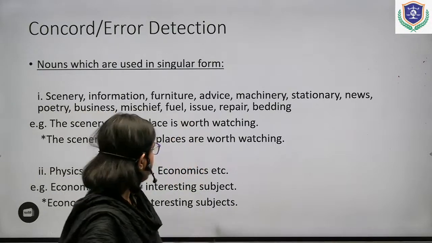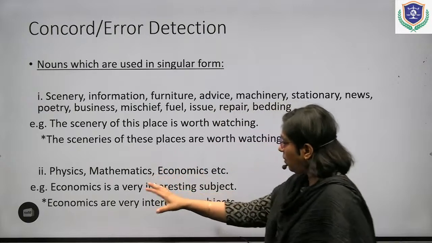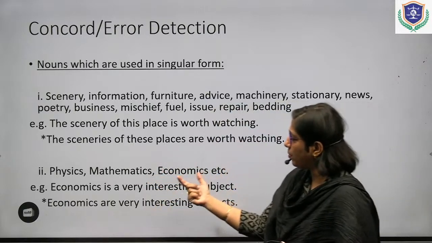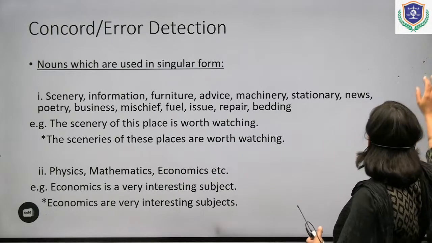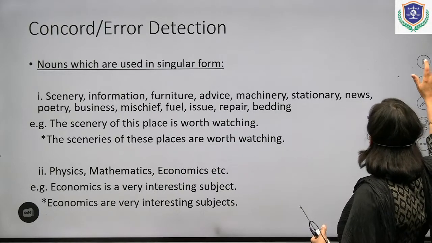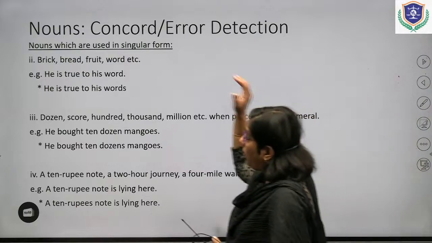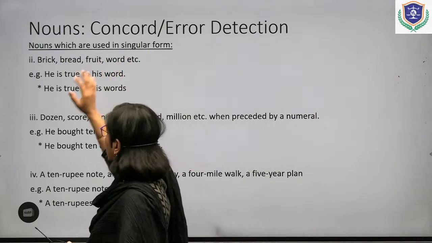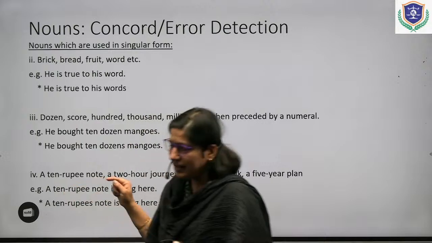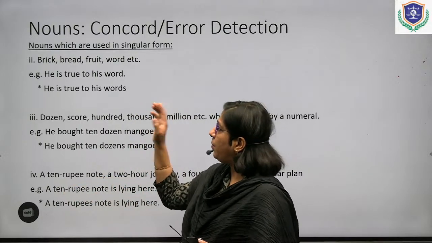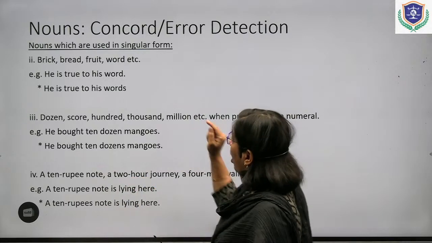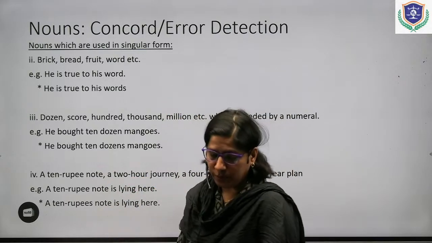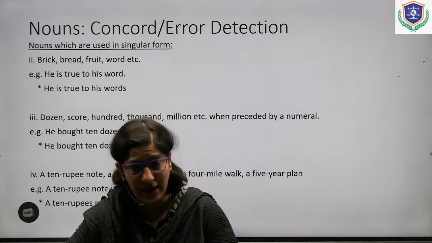Then we have certain words which look like plurals, but of course we know this, right? Physics, mathematics, economics, these are singular words. Another set of words: brick, bread, fruit, word, etc. Nouns which are used in singular form, you can never pluralize them again.